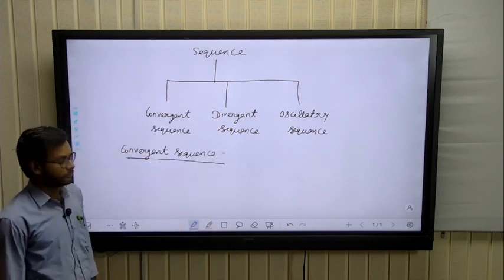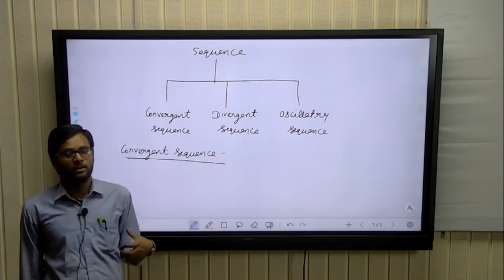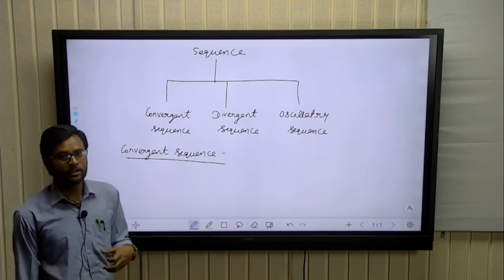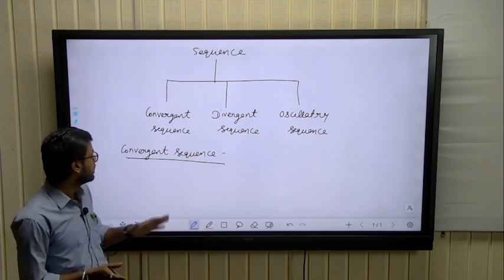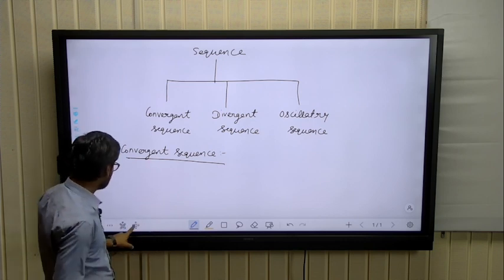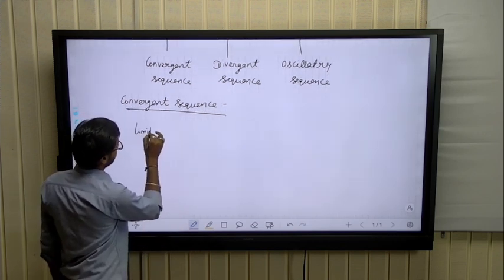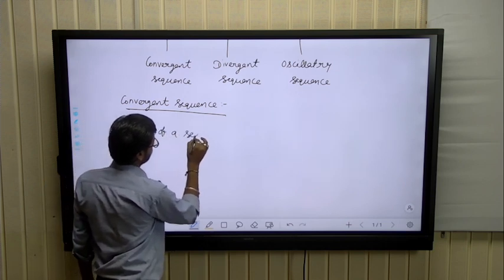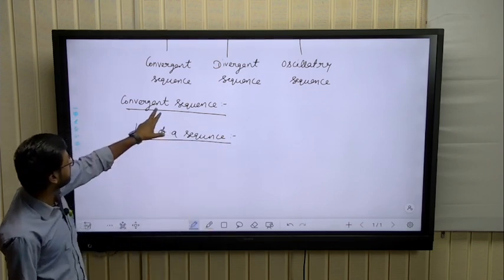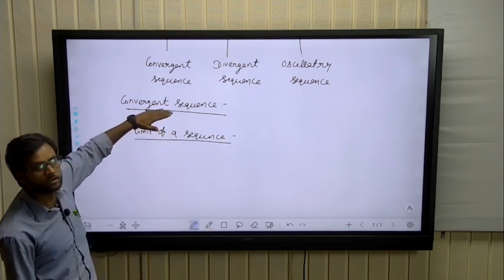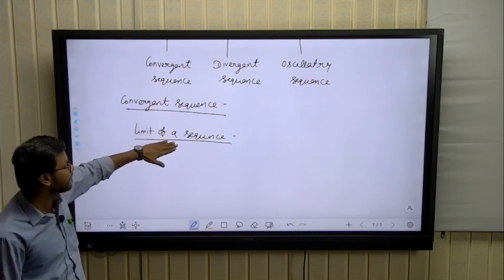Okay, convergent sequence. But before the convergent sequence, I discuss the limit of a sequence, because this is an important part of a sequence. Without the concept of the limit of a sequence we cannot find the convergent sequence, because the convergent sequence depends on the limit of a sequence.